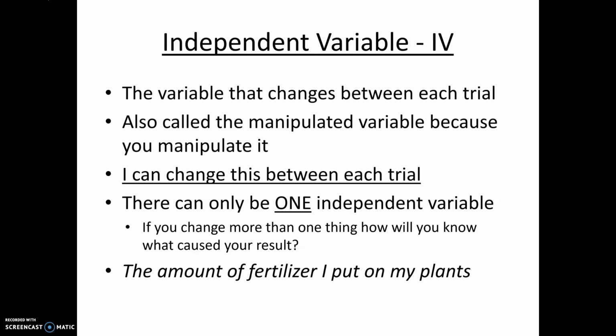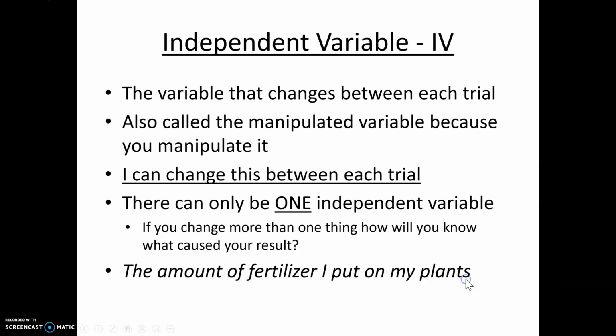If your independent variable is the amount of fertilizer you put on plants, you can't also change the amount of water you put with your plants, because then we won't know whether the amount of water or the fertilizer is helping your plants or hurting your plants. So again, the independent variable is the one that is changing between each trial.